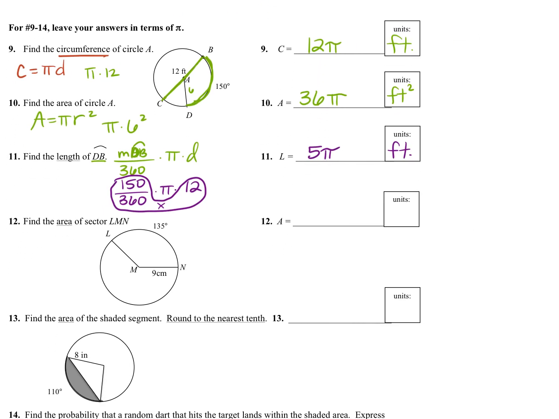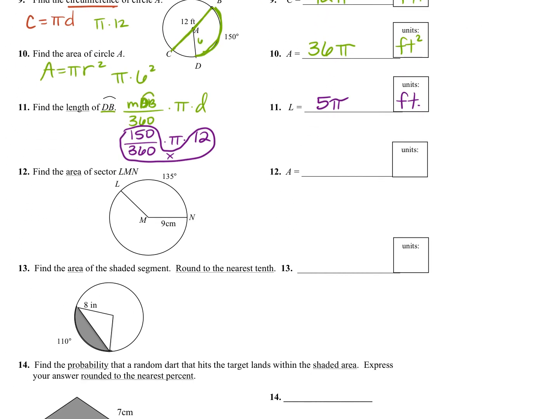Whereas this one, area of the sector, okay, this is a new figure. We want the area of this sector, LMN. Area of the sector is the measure of the arc over 360, and again, you will have this formula too, times pi r squared.